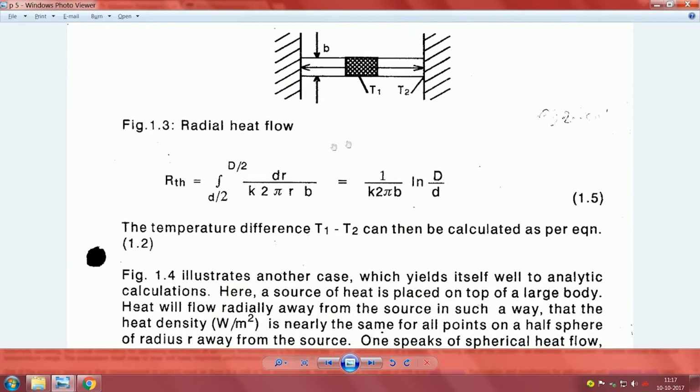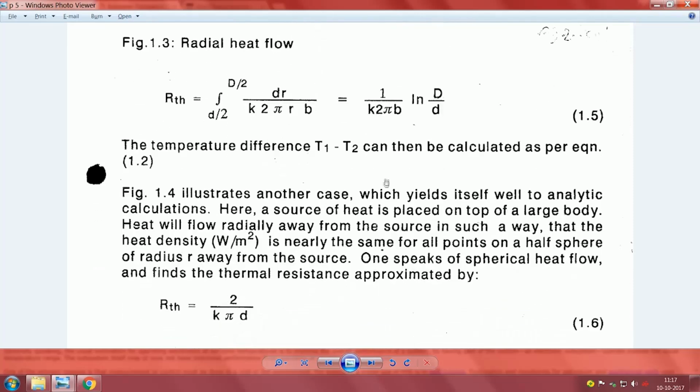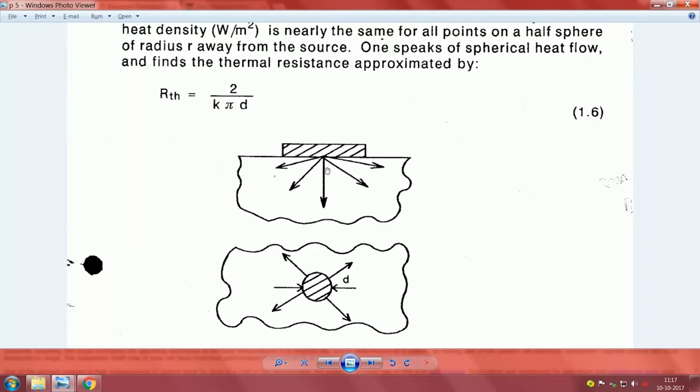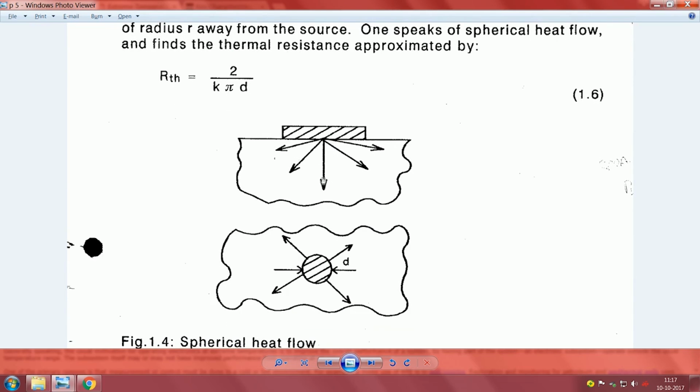And of course, these are all for radial heat flow as per a simplified equation. Similarly, in the case of a spherical heat flow, if you have a small point source, approximated point source, more than a point source, it is a small disc like thing.